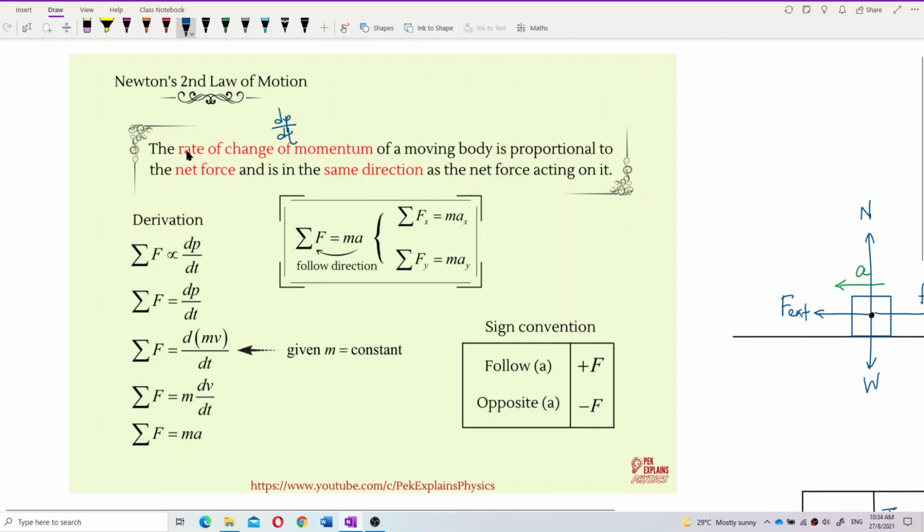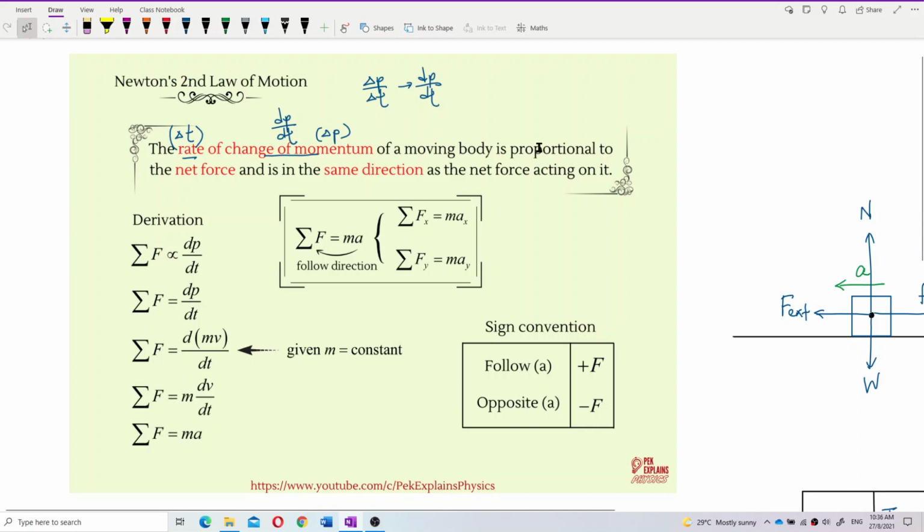Change of momentum is delta p, and rate means over delta t. So delta p over delta t is called the rate of change of momentum. We can also write it as dp over dt.